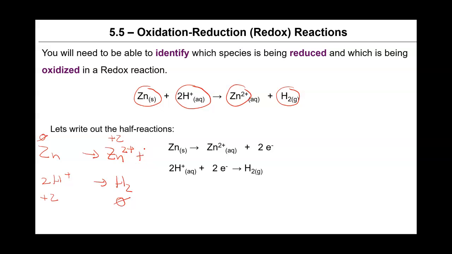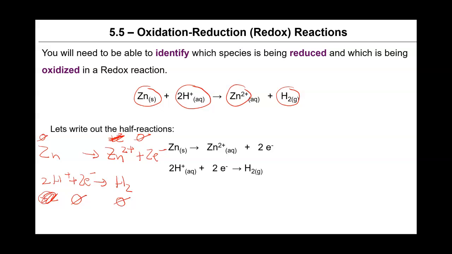until the charges are the same on both the left and on the right. So in the first case, we're going to add 2 electrons to the right-hand side because that was the more positive charge. And now you can see that we have 0 charge on both sides. In our second half reaction, we're going to add 2 electrons to the left-hand side because that was our more positive side, and now we have 0 charge on both sides.